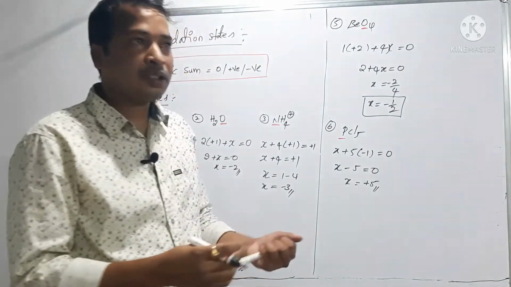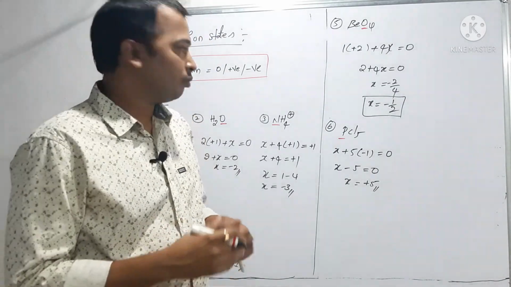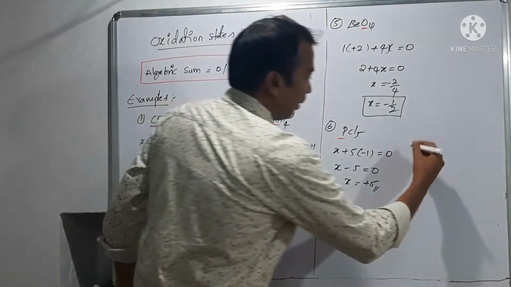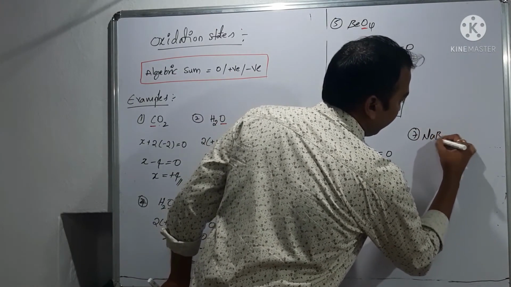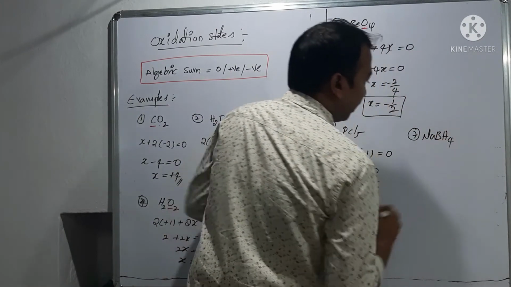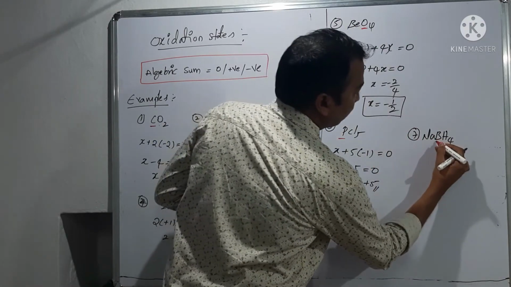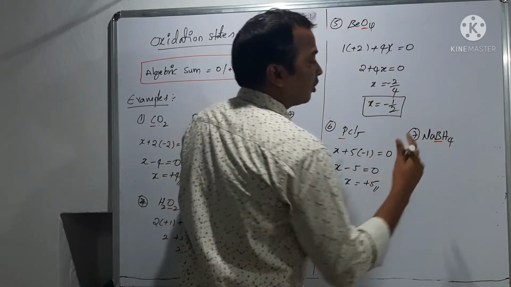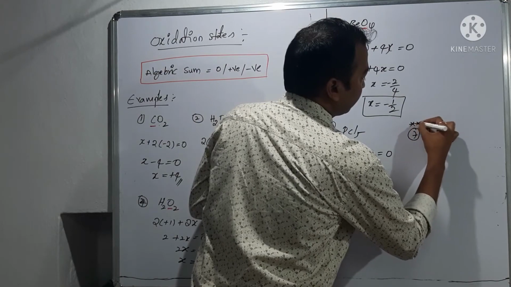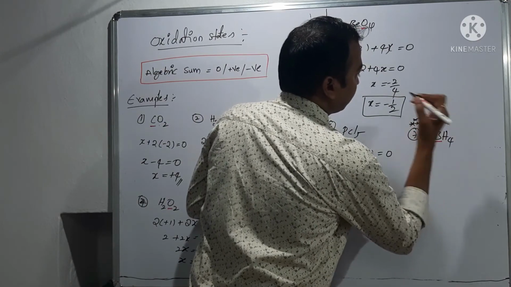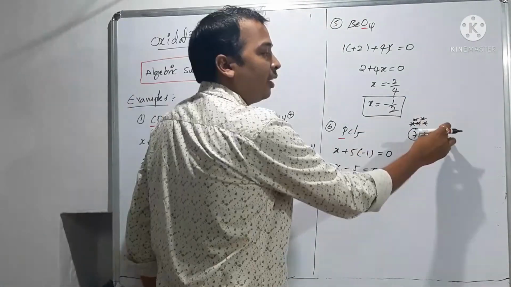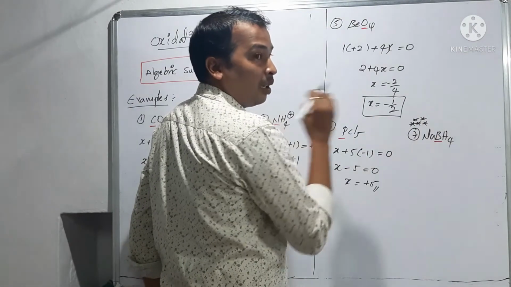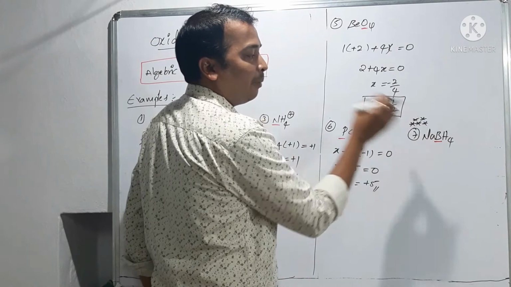So there we have some difficult molecules also. For example, I am taking sodium borohydride. In this one they are asking to find the boron oxidation state. So here boron is a metalloid and sodium is a metal.